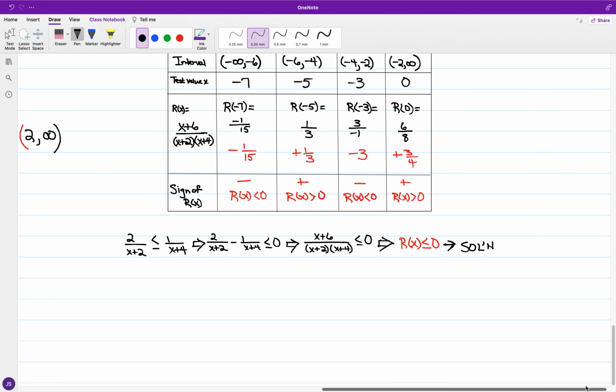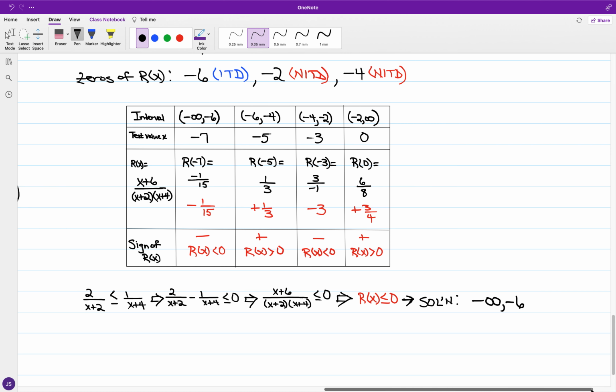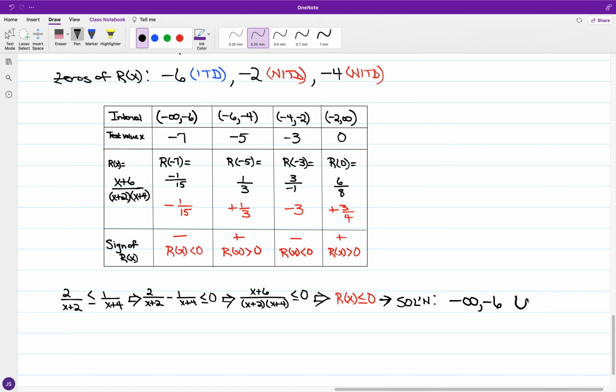So for the solution, we had the same directions where r of x is less than 0. In the first section, we have between negative infinity and negative 6. And also between negative 4 and negative 2. Again, we have the equal sign, so there is the possibility of brackets.